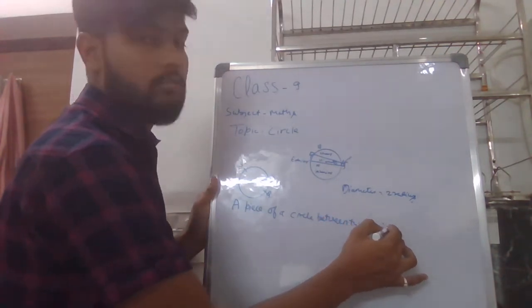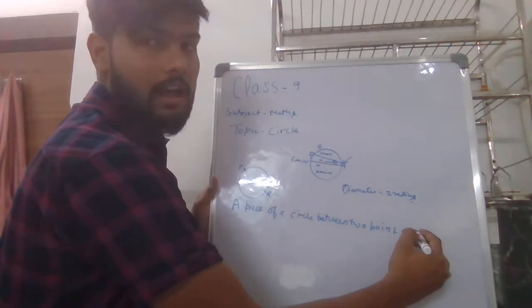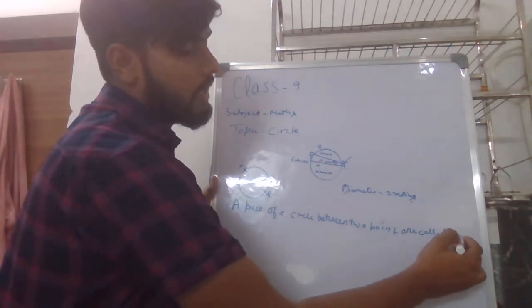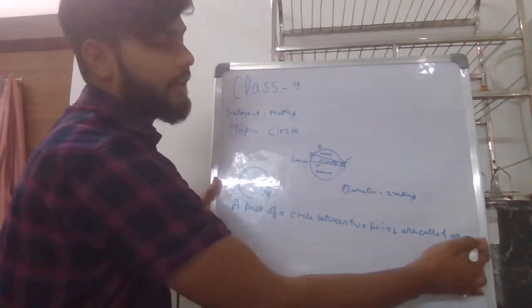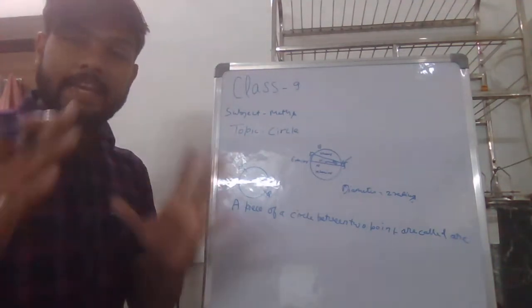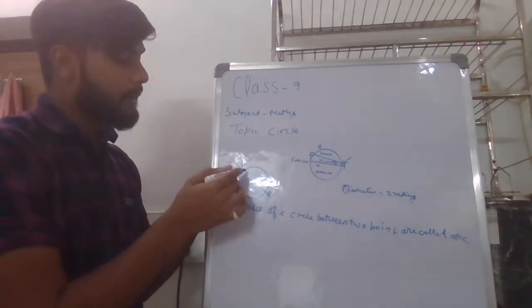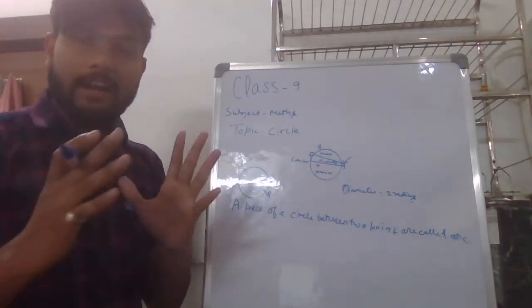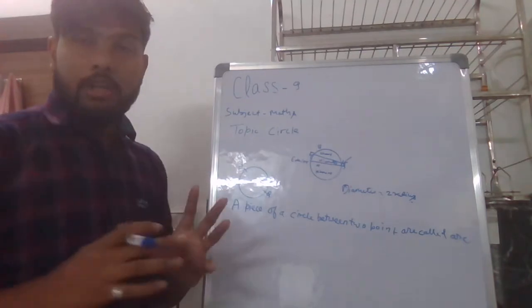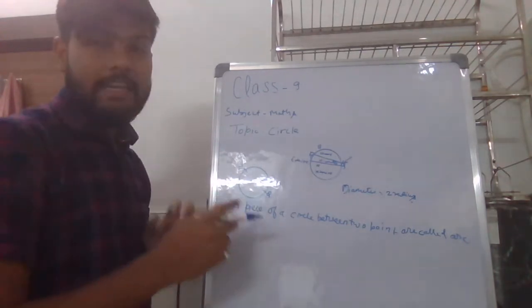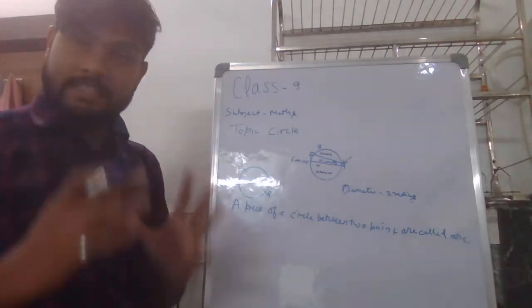And when P and Q are the ends of a diameter, then both arcs are equal and each one is called a semicircle.